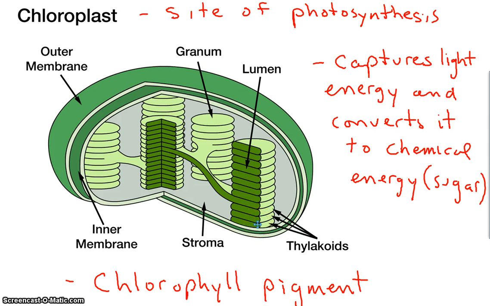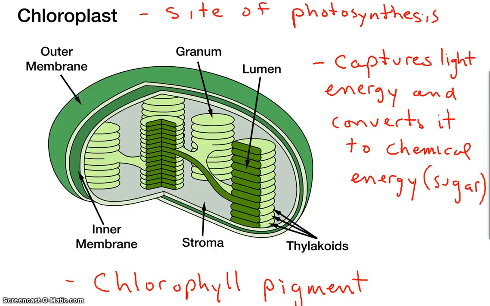When we have a stack of thylakoids, we have what's called a granum. So the whole stack of thylakoids is called a granum, and then the space inside the thylakoids is called the lumen. So that's the anatomy of a chloroplast.